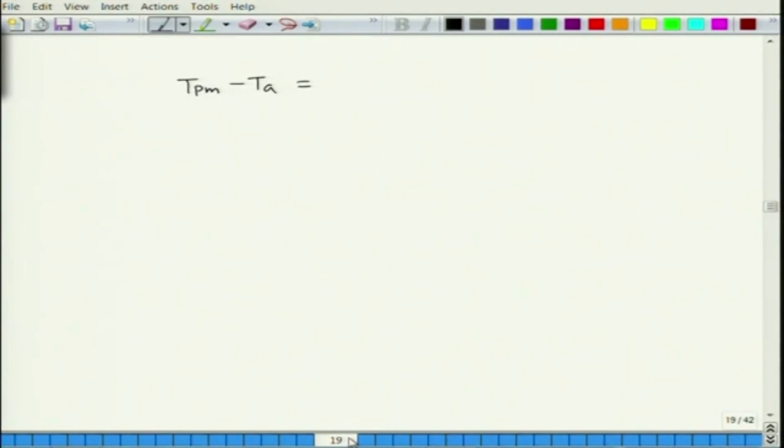Now, if you subtract TA from TPM, then TPM minus TA equals (S plus HE (TF minus TA)) divided by (UL plus HE). Okay. So, you can do the algebra and you can find this. This is simply we have just subtracted the ambient temperature.